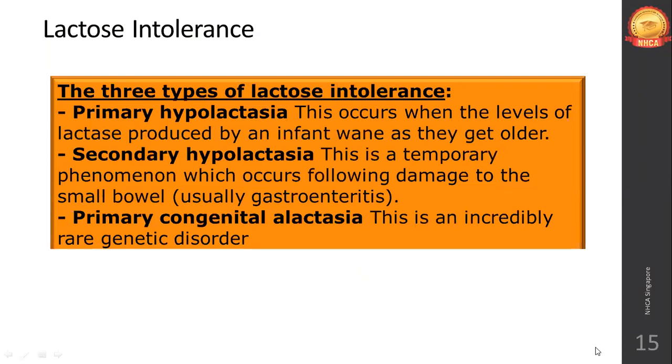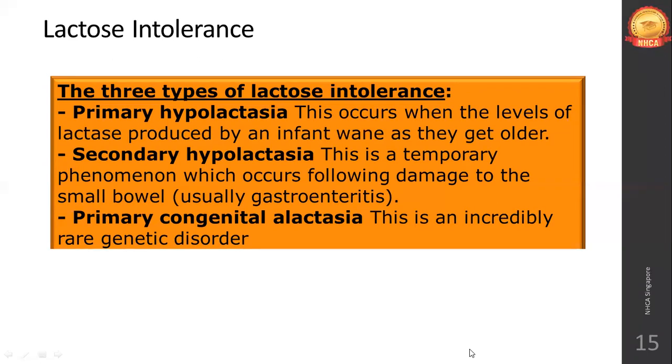Then we have lactose intolerance. About 60 to 70% of the global population are lactose intolerant. After you have passed your childhood age, the majority of people turn out to be lactose intolerant. In infancy, the lactase enzyme is highly required when the child is being breastfed.